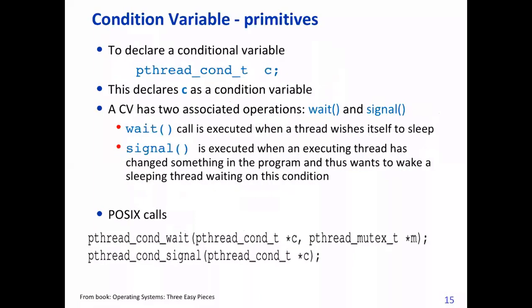All right, so now let's look at the primitives. When we say condition variable, we have to define it. The pthread library defines this type. You are basically telling the system that C is of type pthread_cond_t.